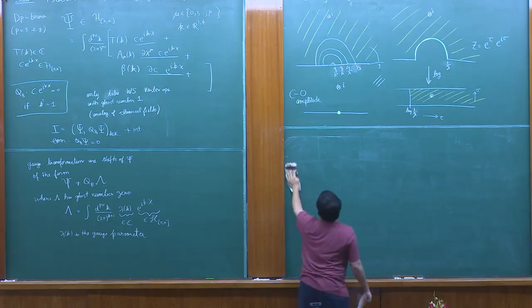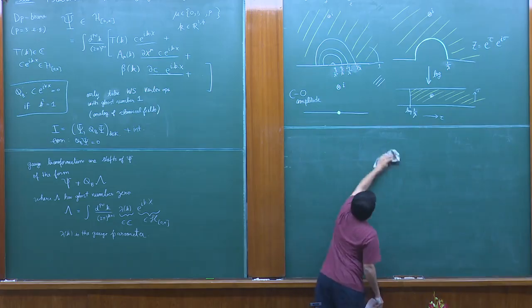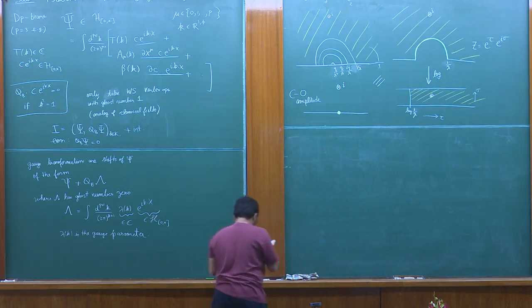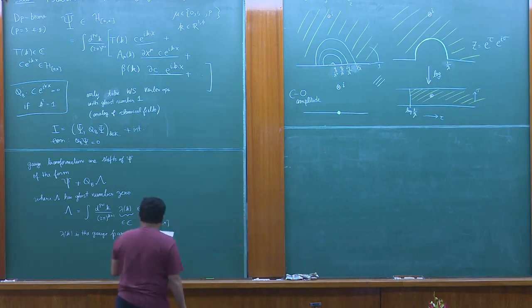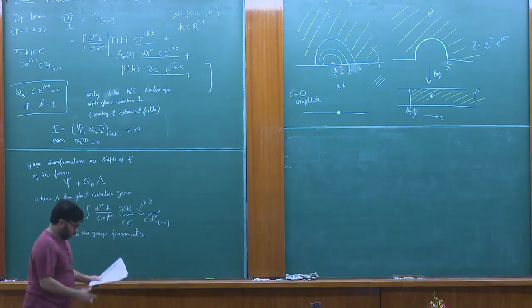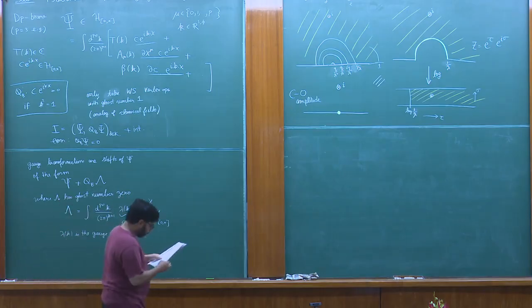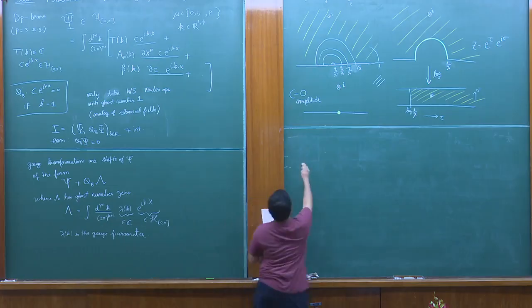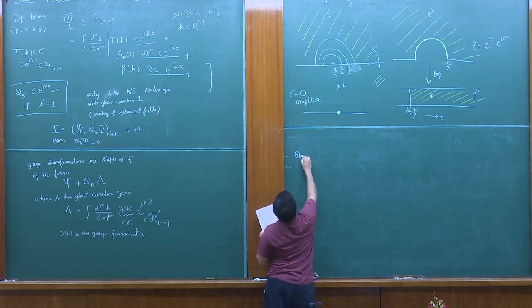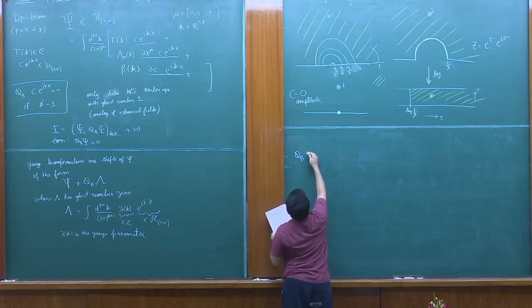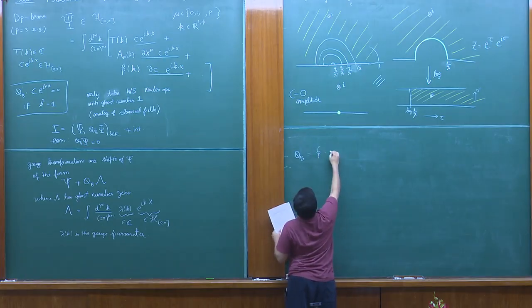Okay, so how do they shift? For that, I need to tell you what QB is and how it acts on this, and so on and so forth. So let me write you the formula for QB. QB is the integral of JB.